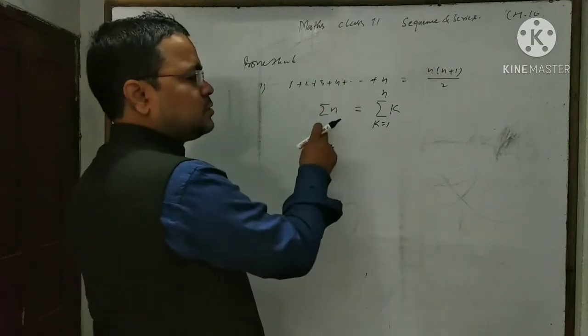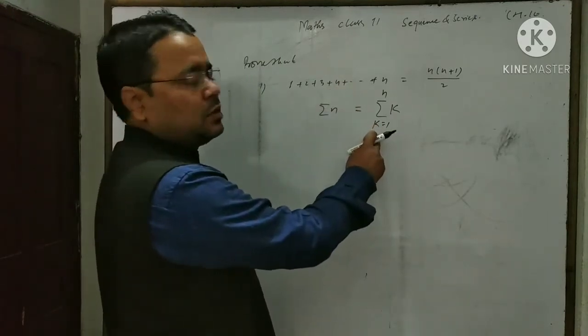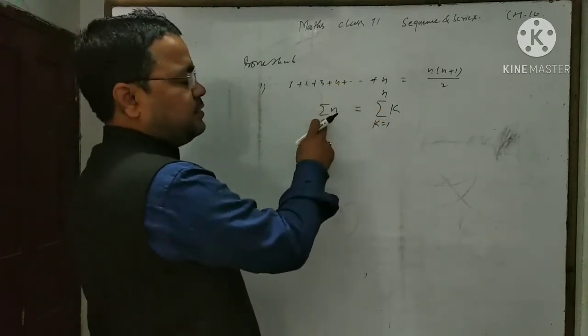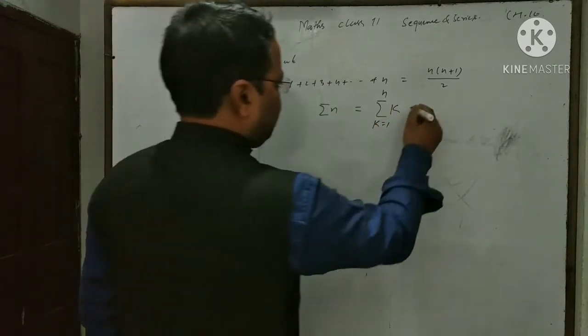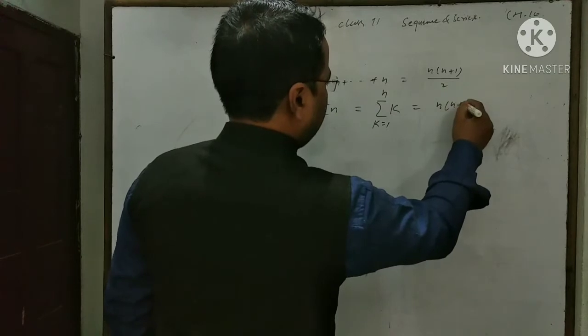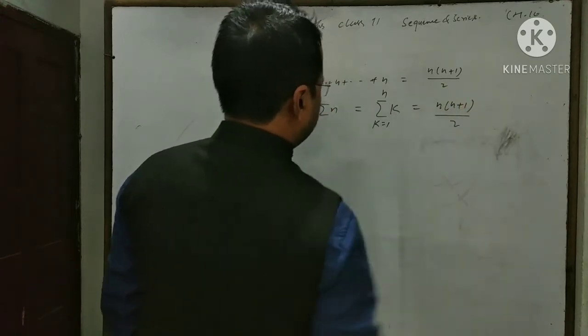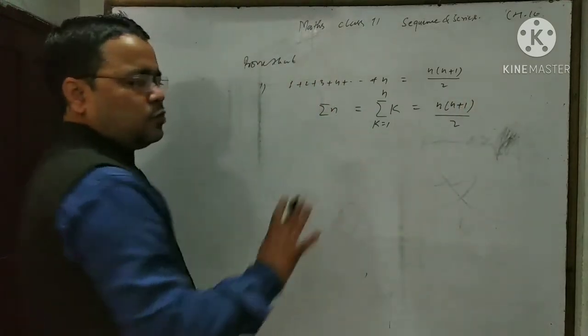So in place of this we can write this, and its value is n into n plus 1 by 2. We have to prove this.